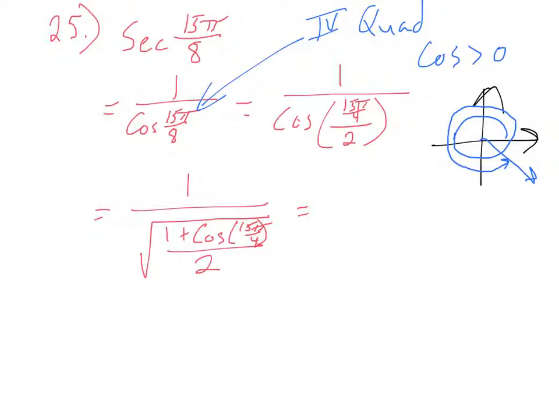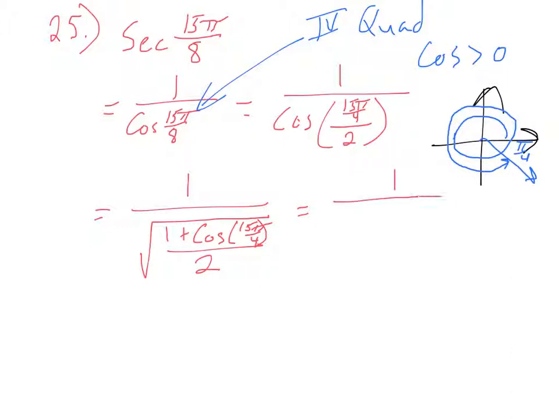That means it's going to have a reference angle of pi over 4, and it's going to be in the 4th quadrant. And so is cosine negative or positive there?